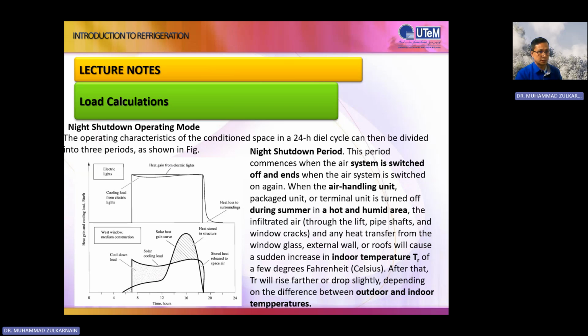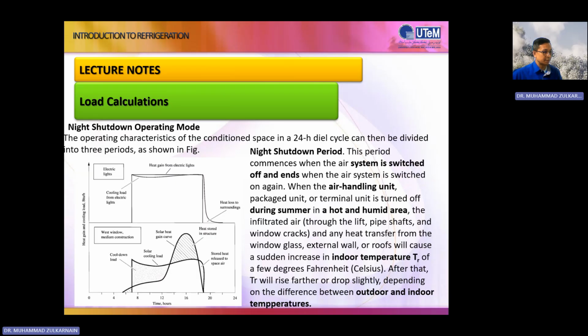As we know, the cooling load is implemented in the daytime, meaning that during the night the aircon in a common commercial office will be shut down. As mentioned in the figure, you can see that only in working hours the cooling load is applied.